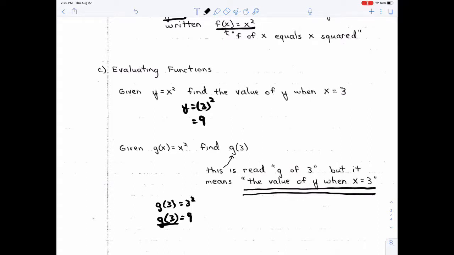So what can you do to maybe avoid that? What I would recommend you do is this: the g of 3 is 3 squared, which is 9. It still means g of 3 is 9, the value of y when x equals 3 is 9.